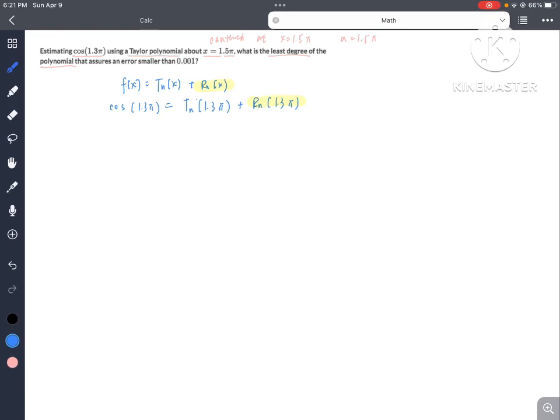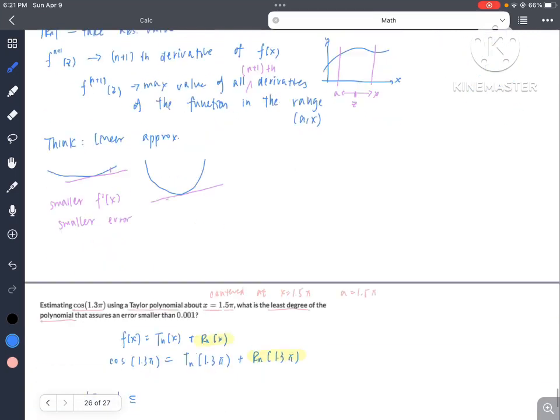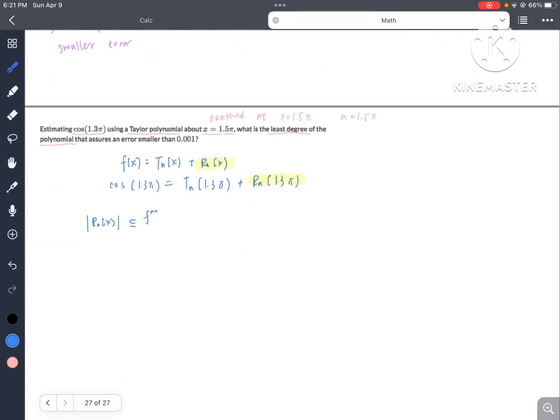And we just want to apply the Lagrange error bound. So the absolute value of Rn of x is smaller than, if we look at the top, f^(n+1) of z times (x minus a) to the n plus 1 over n plus 1 factorial. And we know that it's centered around a equal to 1.5 pi.